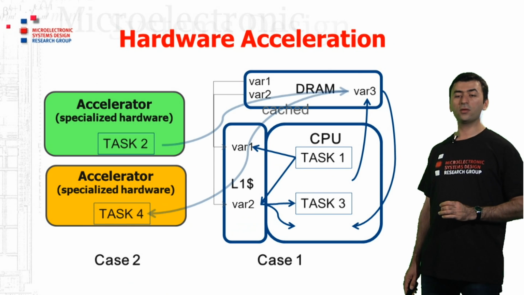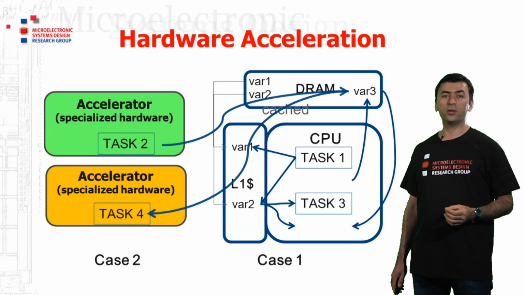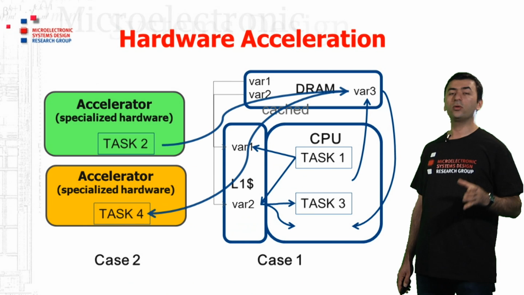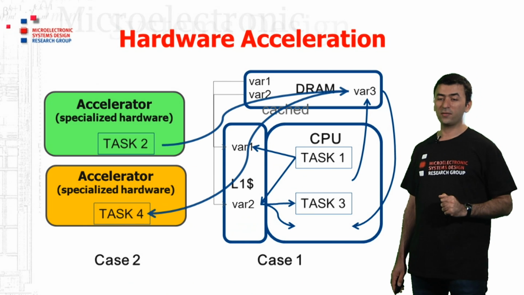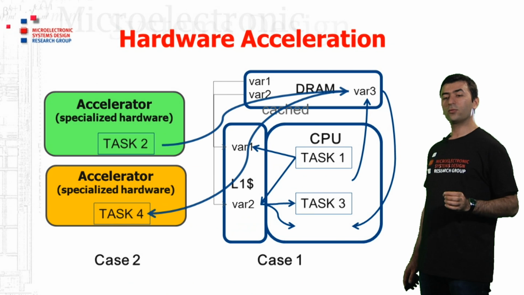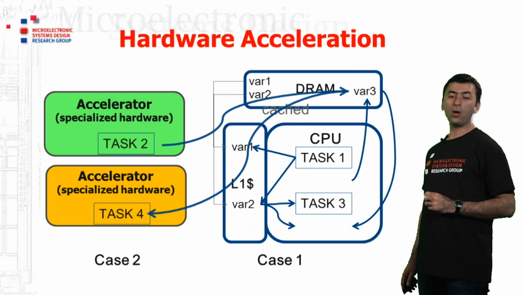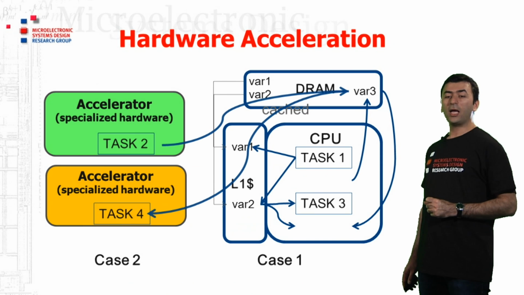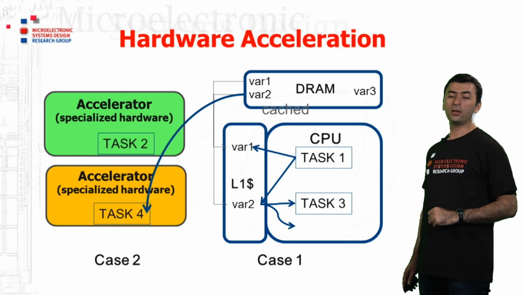The point is, there are lots of problems that can happen by offloading these tasks to the accelerators. For example, these tasks need to have access to variables to perform their operation. So the accelerators should be able to access the DRAM memory to read the variables and then to write the results back to the DRAM memory.